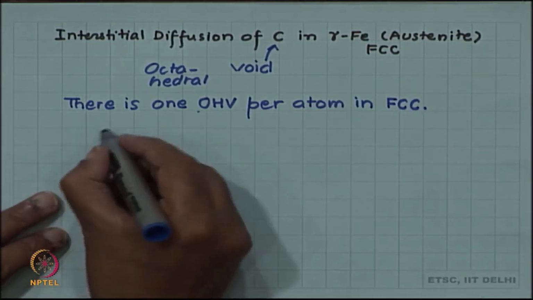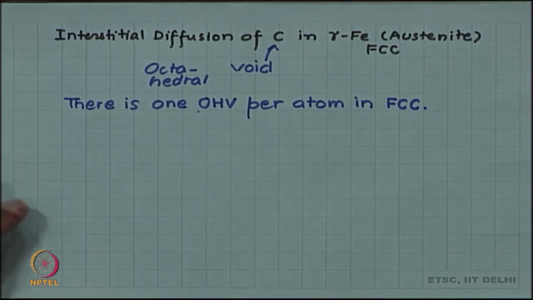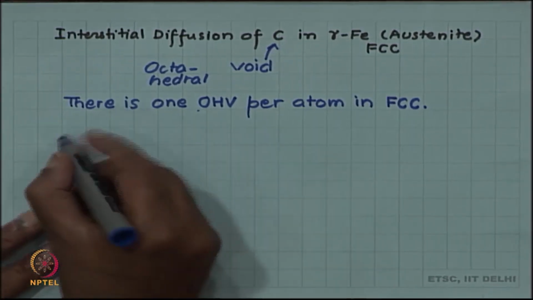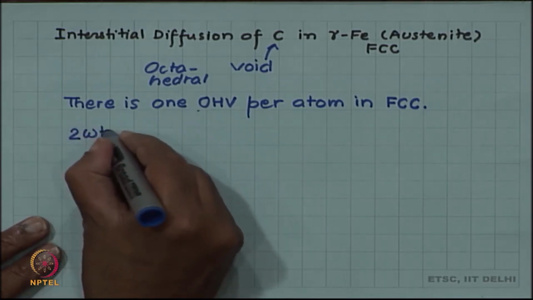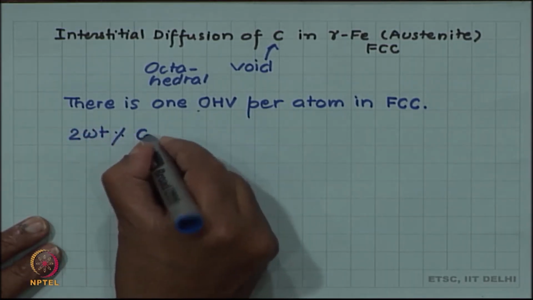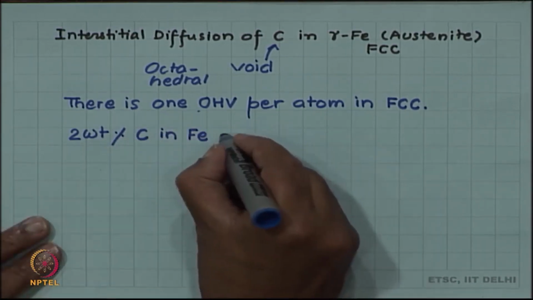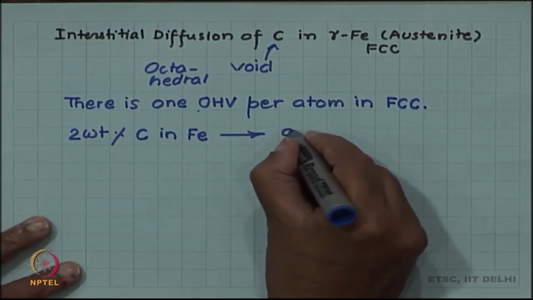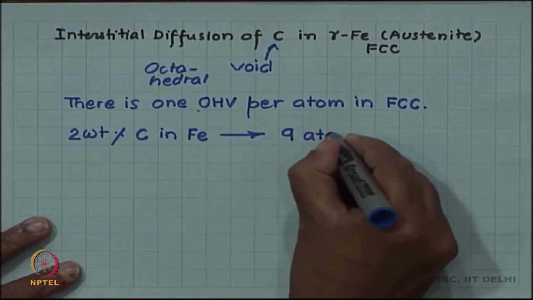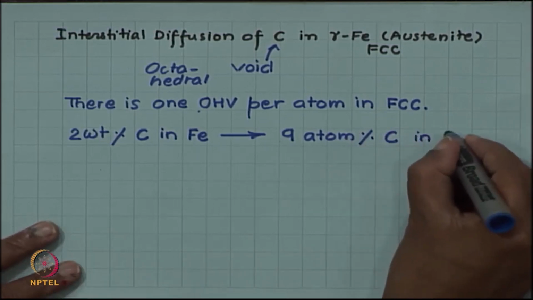Now, we also saw in the phase diagram that the maximum amount of solute which you can put in gamma iron is about 2 weight percent. So, let us consider that particular case. 2 weight percent carbon in iron, if you calculate this in terms of atom percent, you will get around 9 atom percent carbon in iron.